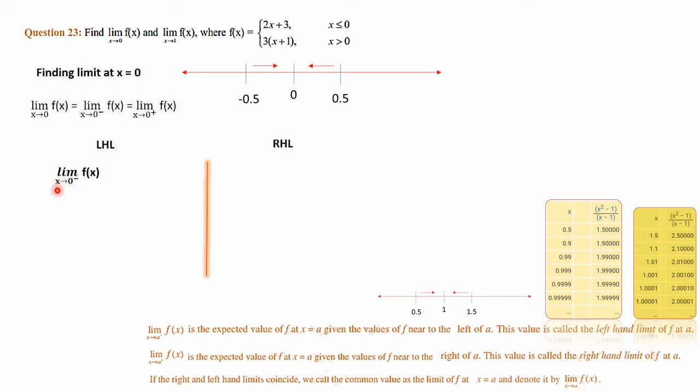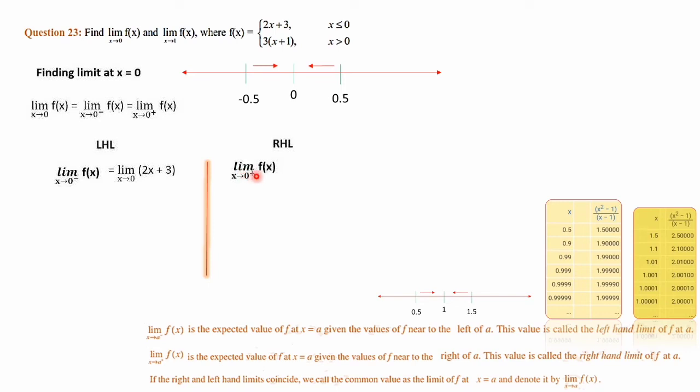is limit x tends to 0 minus f of x is equal to left of 0, in the sense less than 0. Here when it is x less than or equal to 0, this is the function you have to take, 2x plus 3. That means limit x tends to 0, 2x plus 3. And in the right hand limit, x tends to 0 plus means right side of 0, right hand limit.